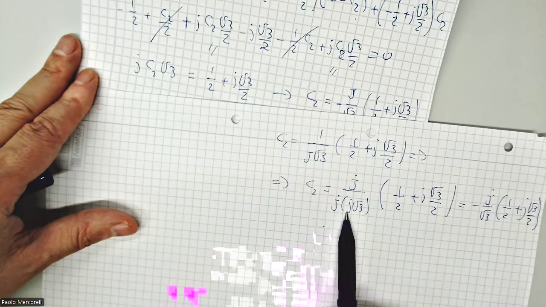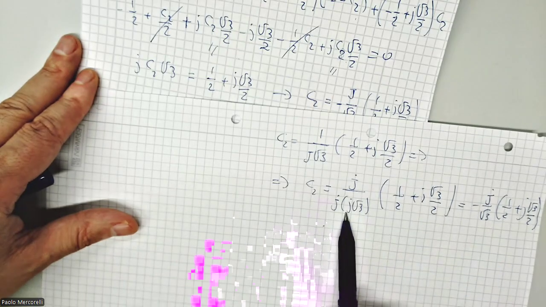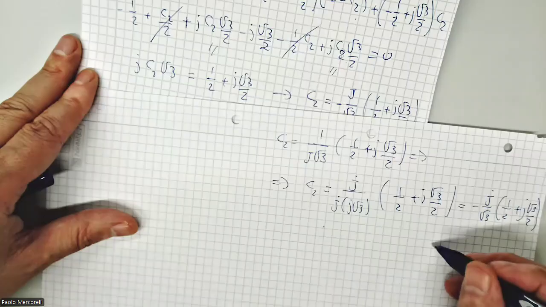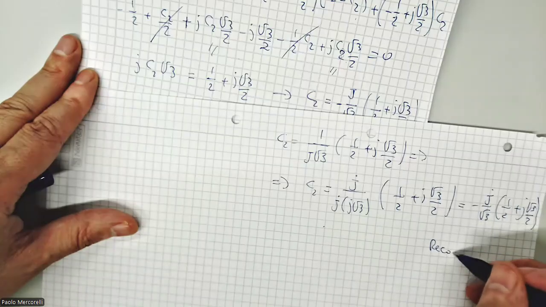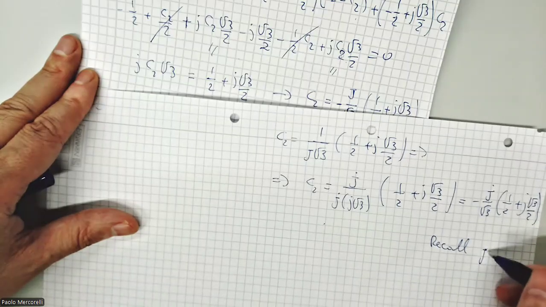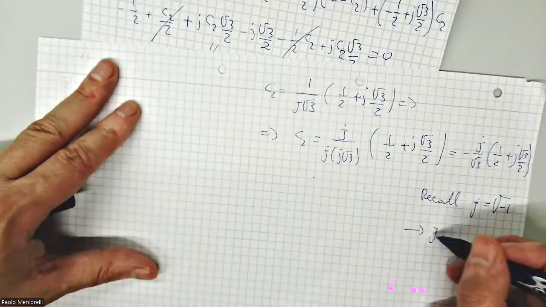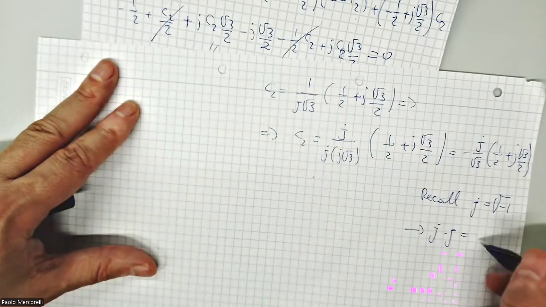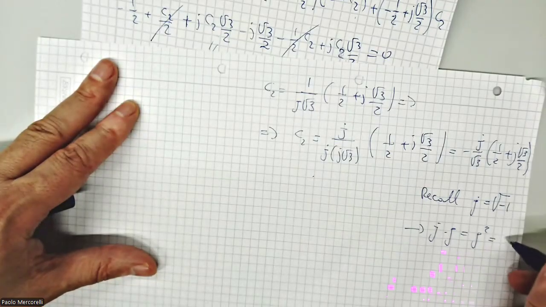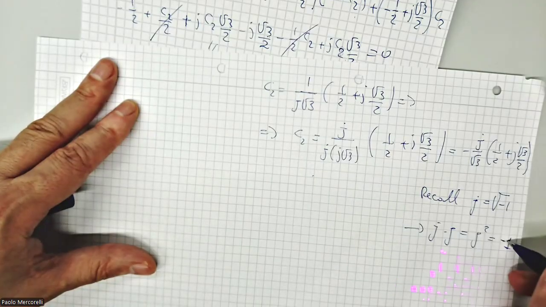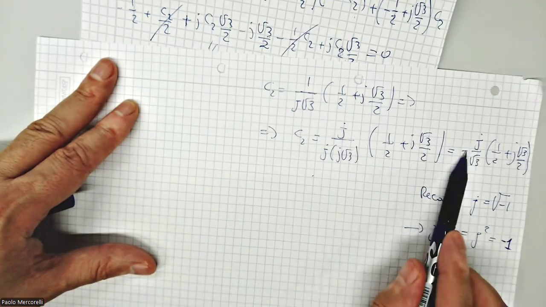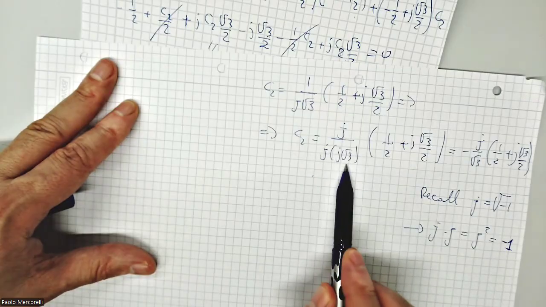j multiplied by j is minus 1. I don't know if you remember. Recall, j is equal to root of minus 1. This implies j multiplied by j, this means j squared, is equal to minus 1. Therefore, this minus here came from j multiplied by j.